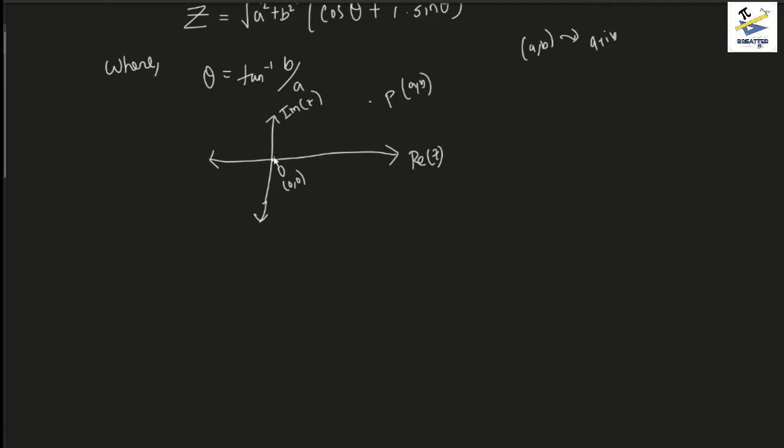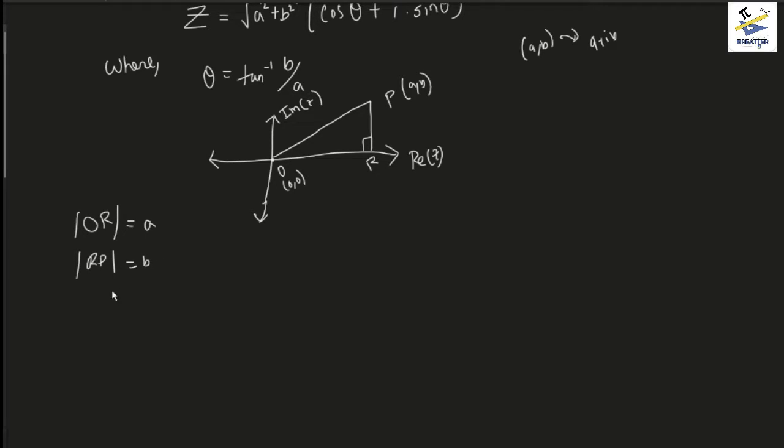Now you see, if you draw a line from here to here, and you draw a perpendicular from P to this point and name it as R, you see that the length of OR is basically a, right? And the length of RP is basically b.